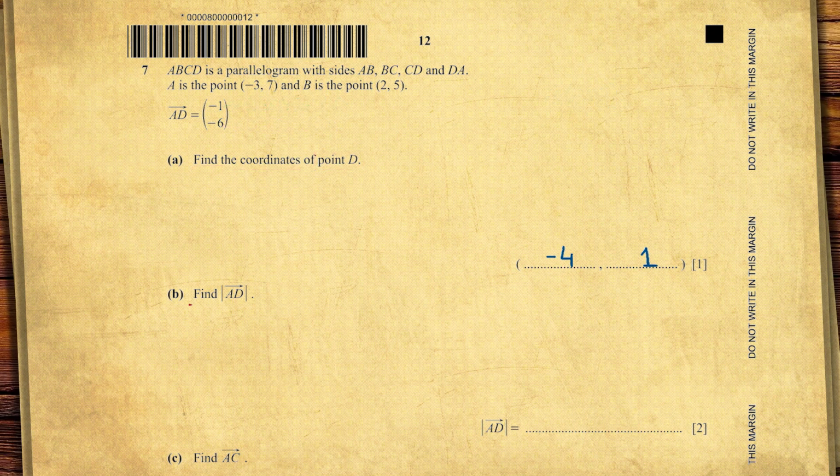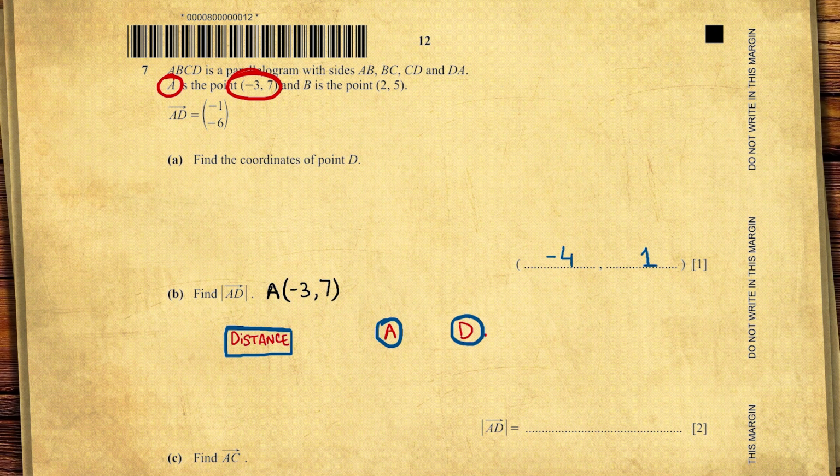Next, the question says find the length of the vector AD. These two lines mean the length of AD, and that means we have to calculate the distance between A and D. For the distance between A and D, we need the coordinates of point A, (-3, 7), and the coordinates of point D that we found in the previous part, (-4, 1).